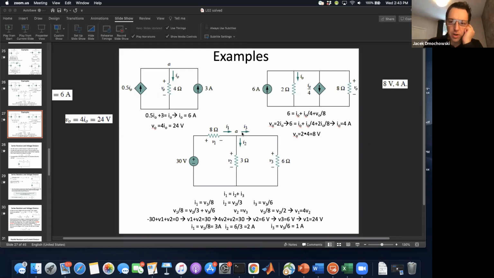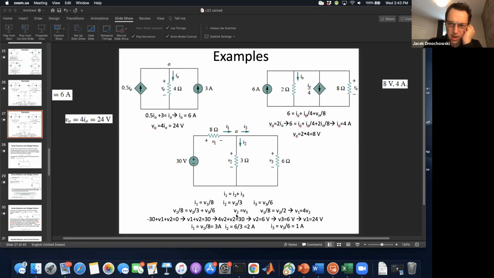And so we then apply KCL at node A up here. So I1 splits off into I2 plus I3. And then we write those, we substitute in the Ohm's law equations, which are on the second row here, into the first row KCL. And we get V1 over 8 is equal to V2 over 3 plus V3 over 6.